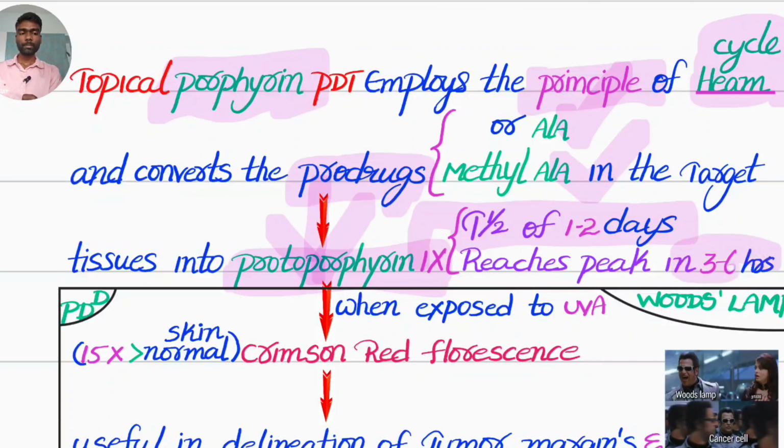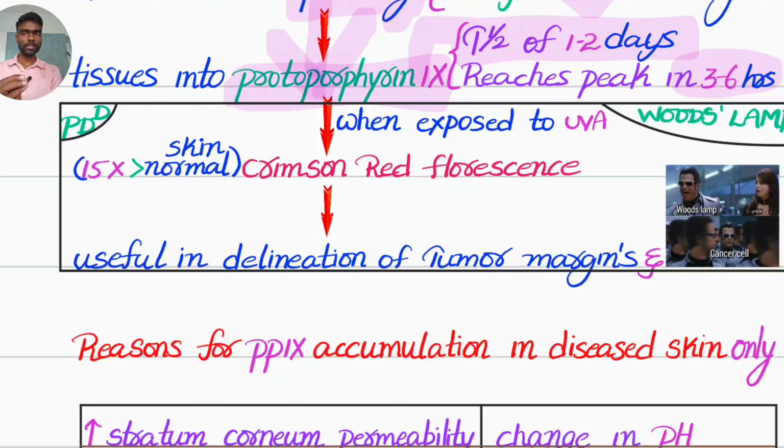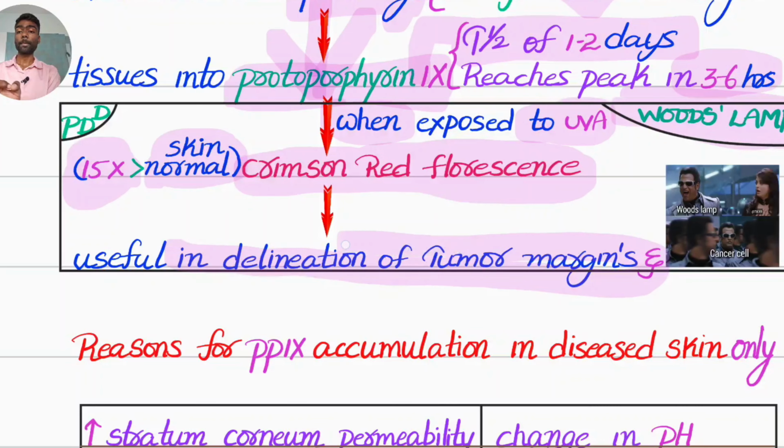So it will get rapidly cleared from the body within 1 to 2 days. It reaches its peak in a short period of time, only 3 to 6 hours. After 3 to 6 hours, it gets accumulated well and reaches its peak, and when we expose these cancer cells, which have protoporphyrin 9 inside them, to UVA light using Wood's lamp, it will emit crimson red fluorescence, 15 times more fluorescence than surrounding normal skin. So we can easily delineate the tumor margins.